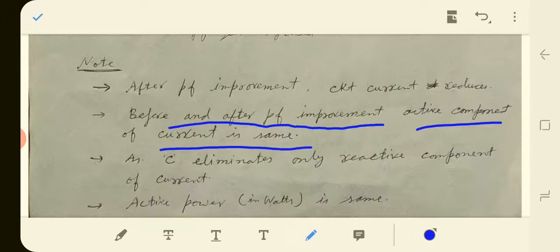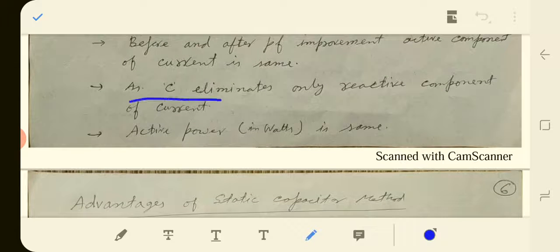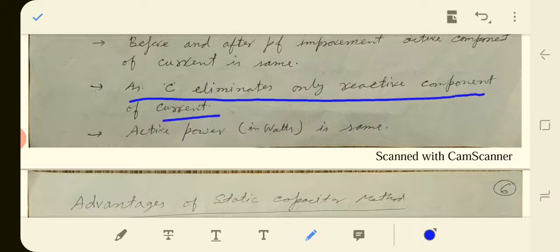Okay, the next one is, as the capacitor affects only the reactive component, the active component of current is the same, because the capacitor doesn't affect the active component.